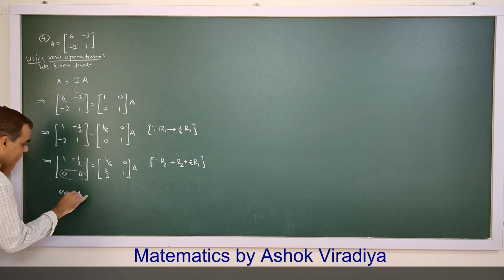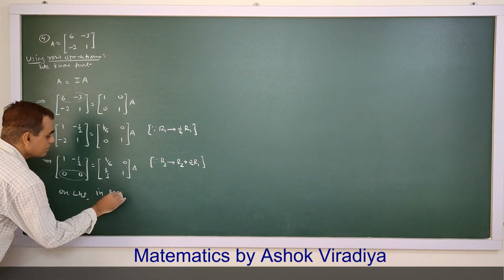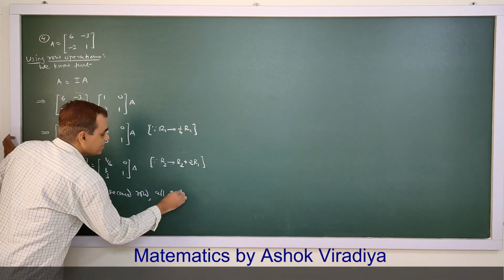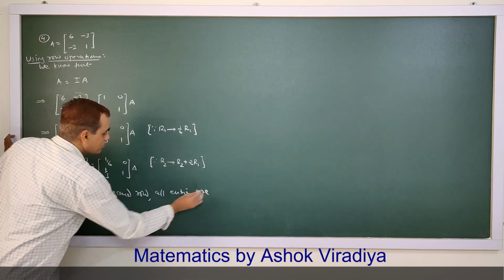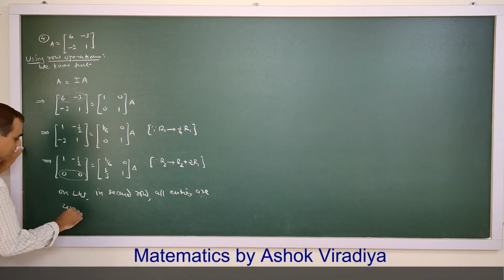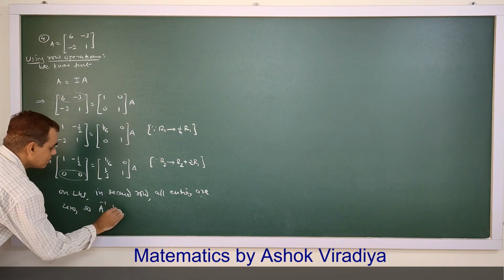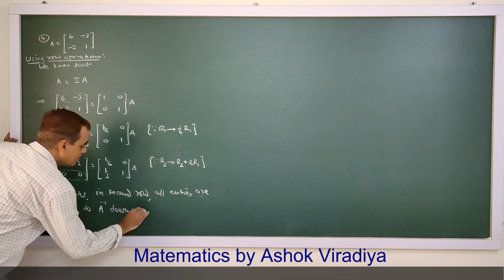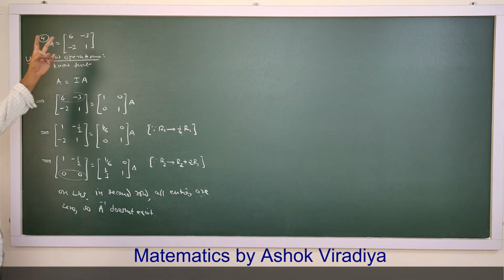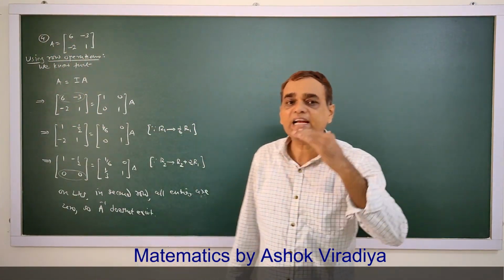On the left-hand side matrix, in the second row, all entries are 0. Therefore, A inverse does not exist.